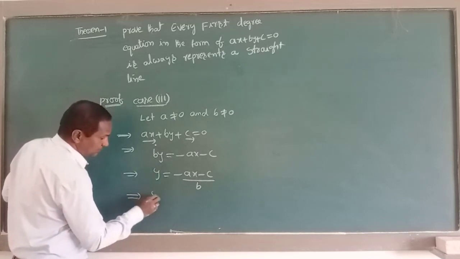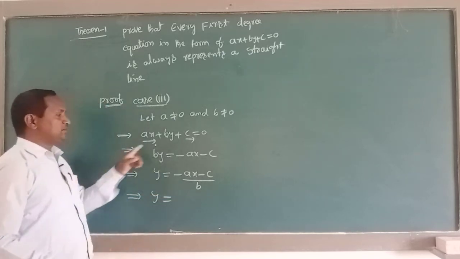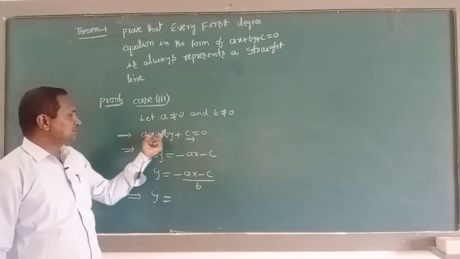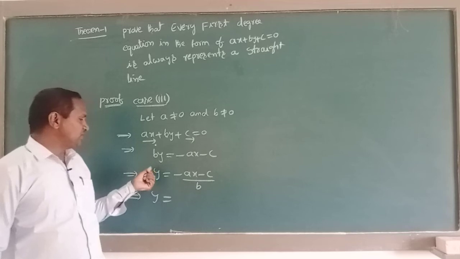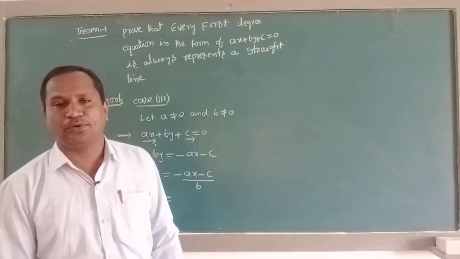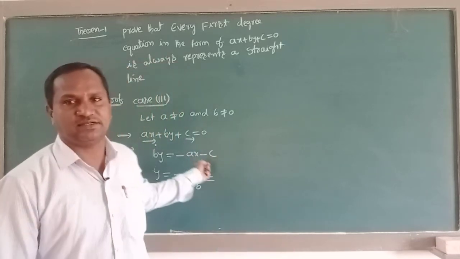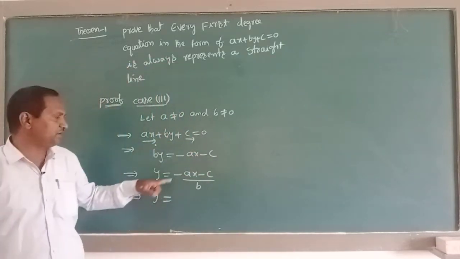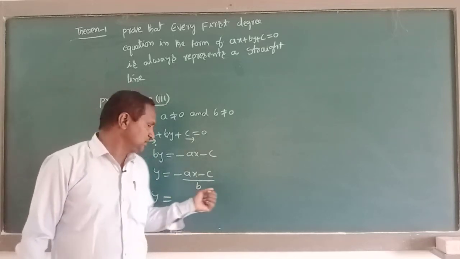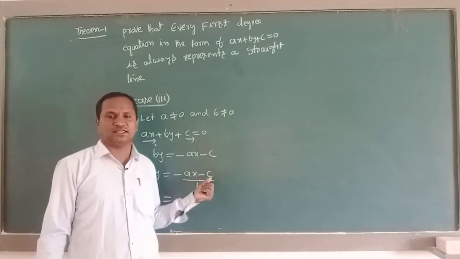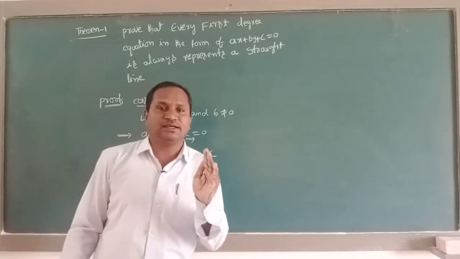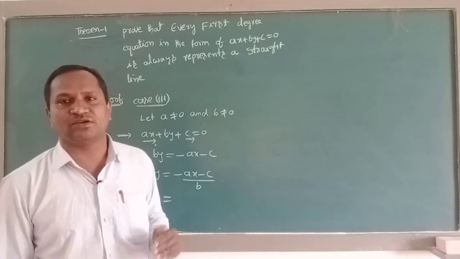Here in ax plus by plus c is equal to 0, I have sent ax and c to that side. At the same time I sent b to that side also, because b already had a product with y. If you send b to that side, it becomes the divisor of the right hand side. That's why I have written y is equal to minus ax minus c whole divided by b.